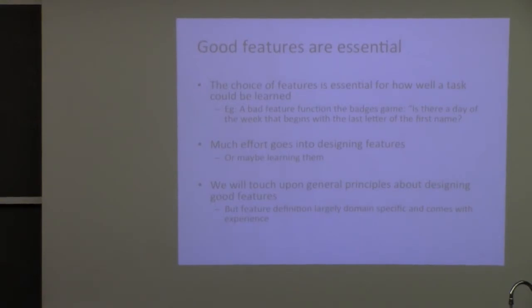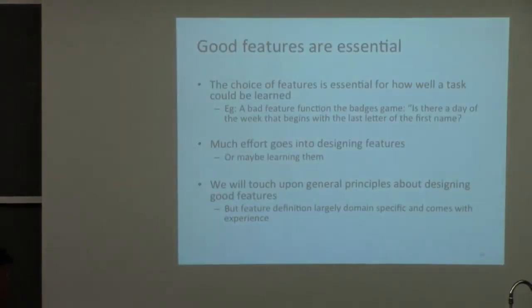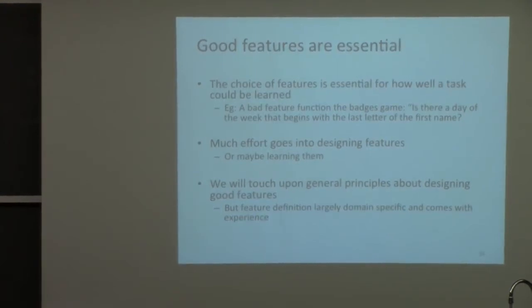But the point I want to make is good features are important. I want to drill this point. I've said this a few times, but make sure that you get this point. Good features are really important for any hope for success. There are way too many ways of inventing bad feature vectors, feature functions.